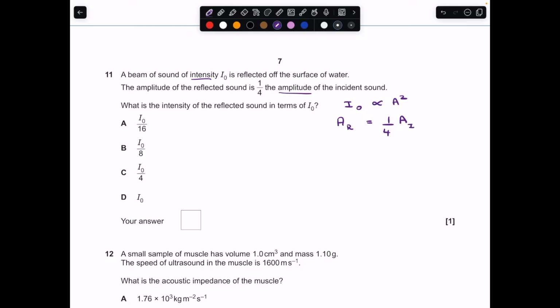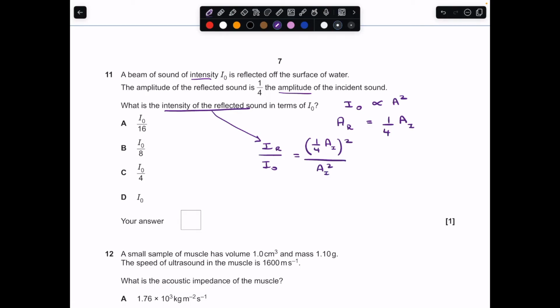So if I just wanted to work out the intensity of the reflected sound, i.e. I'm working out IR, just to clarify, I have to relate this to the amplitude. Okay, so I know that IR over I naught is equal to a quarter AI squared over AI squared.